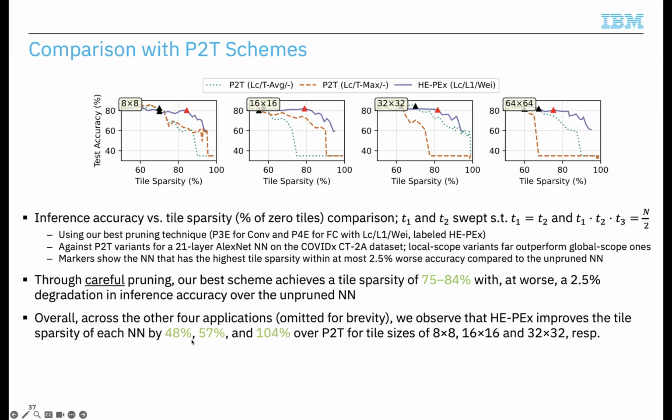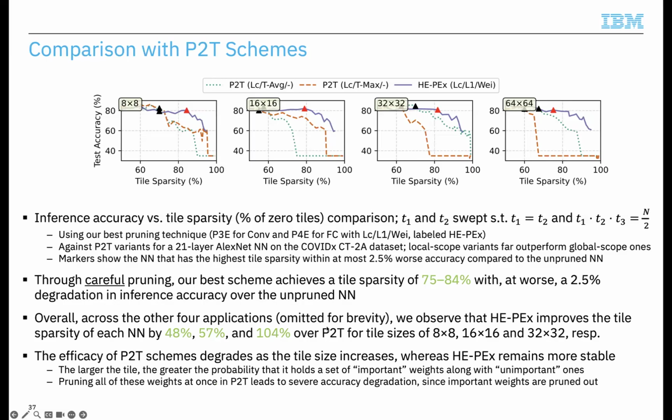And in terms of improvement over P2T, these are some of the improvement numbers. So we can get up to 2x more number of zero tiles for a larger tile shape against this competing approach. Why does P2T have such a sharp drop? You can think of it as the larger the tile shape, the more the chance that while pruning out an entire tile, you have a high variance in the weight values.